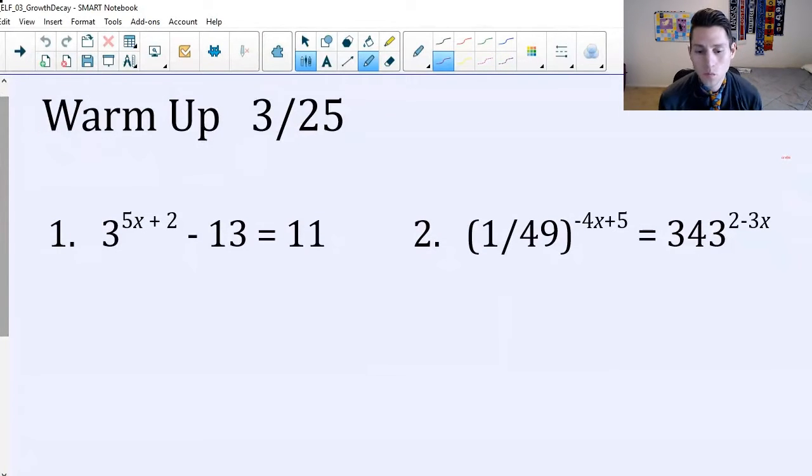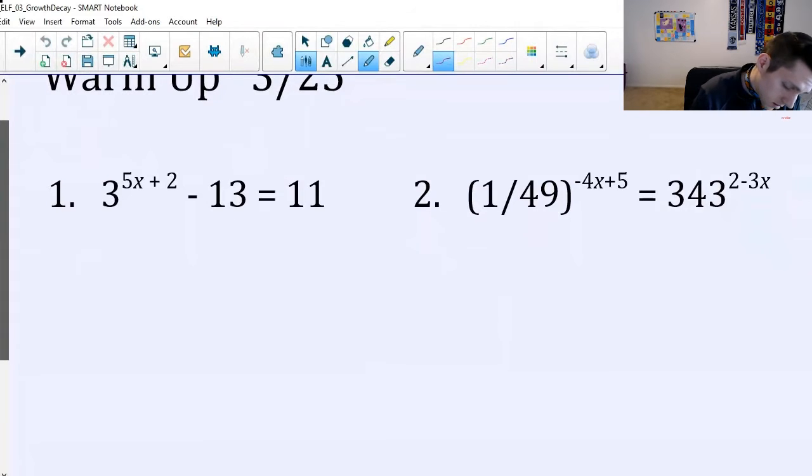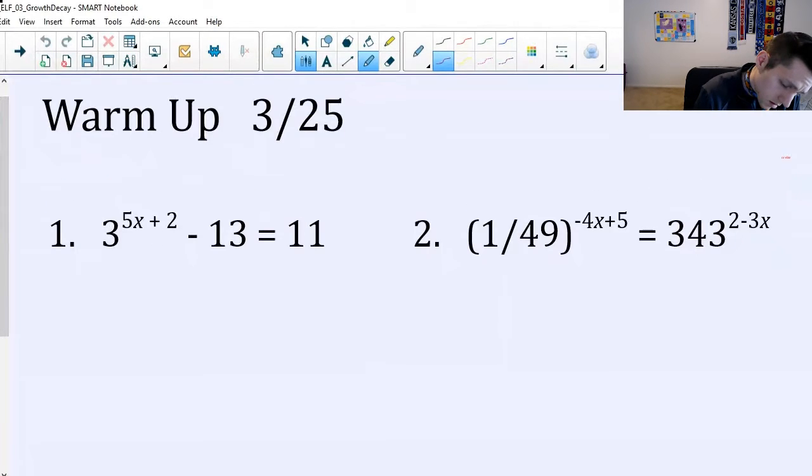All right. So let's go ahead and do this. We have a couple different ways of solving exponential equations that we've talked about so far. Number one is what we talked about last time, and it is just a single exponential.